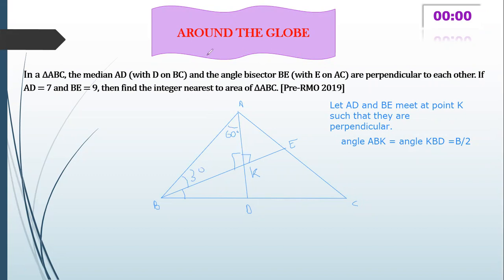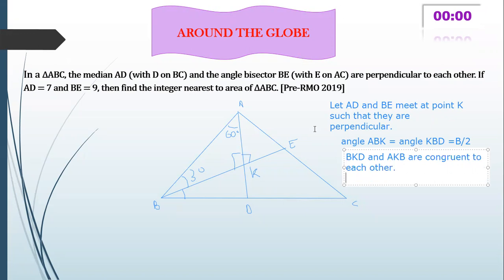Let me move on. I don't want to make things complex here. From this you can easily prove that BK is the common side, so triangle BKD and triangle AKB are congruent to each other.